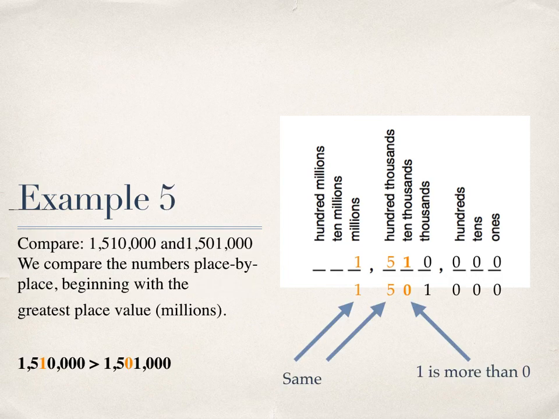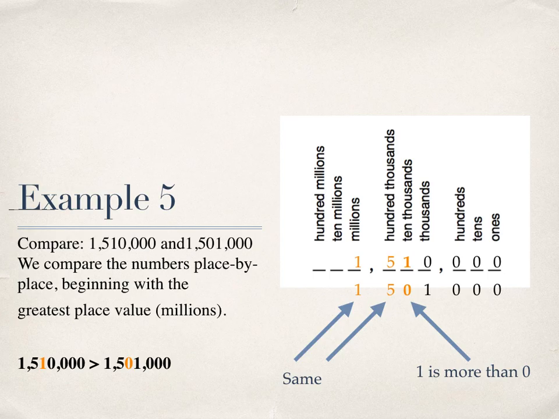Oh, there's one more example. Compare 1,510,000 and 1,501,000. We compare the numbers place by place, beginning with the greatest value, millions. So you notice that the 1 is the same, 1 million, in both numbers. Go to the right, you see that the 5 is the same in both numbers, 500,000.